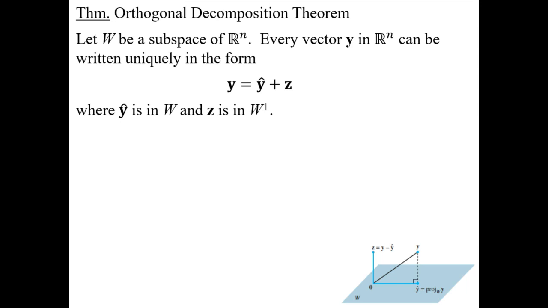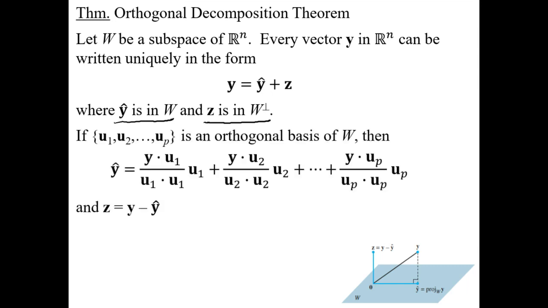Then every vector y in Rn can be written uniquely in a form where y can be written as y hat, which is in W, and z, which is in W perpendicular. So if y is any vector in Rn, it can be written as the sum of a vector that's in our subspace and a vector that is orthogonal to that subspace.